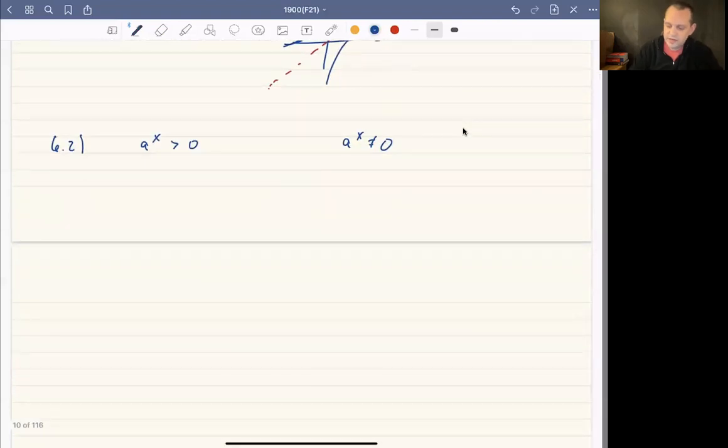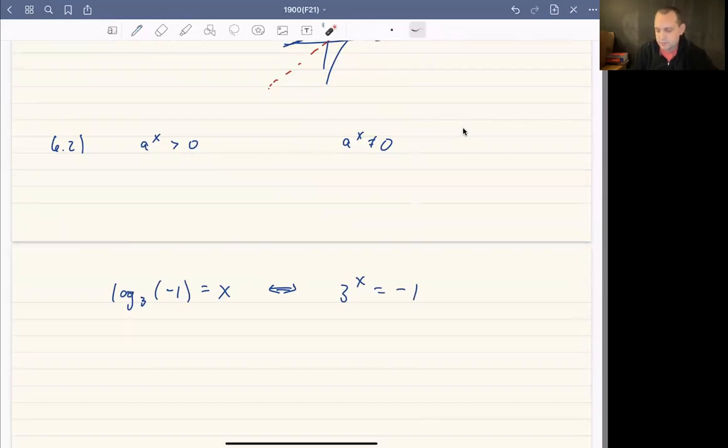And the reason for that is that if I were to write log base b, I don't even care what the base is. Let's give it a base, let's say 3. Log base 3 of -1 equals x. What is that saying? Well, that's saying that 3 to the x equals -1. But we just agreed that if I have an exponential function, that's got to be positive.